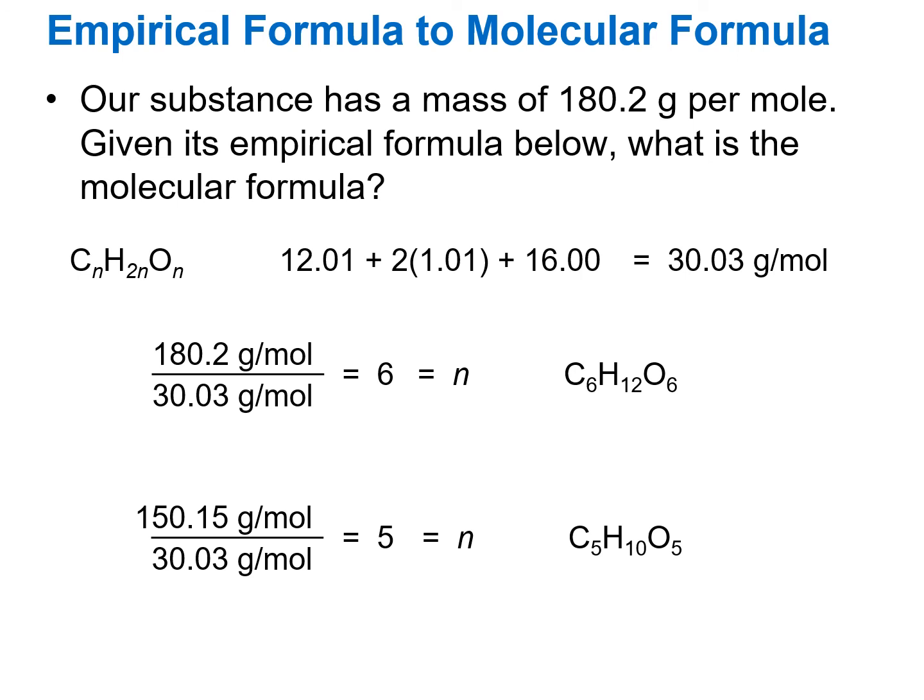We'd be able to capture all of that and figure it out. And then come up with this pseudo formula that's our empirical formula, and then take the mass of the substance that we started with, and then figure out the molar mass of our pseudo formula, our empirical formula, and then back it in and figure out that there was a 6 to 1 ratio, and then from that calculate our molecular formula.